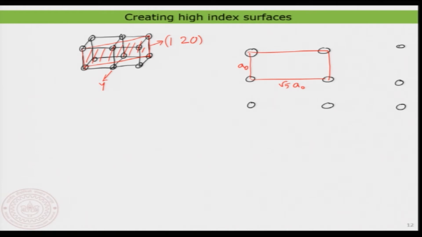So, this is quite an interesting surface. As you would expect, in this case the packing density of the surface is much lower than any of the surfaces that we have seen in the previous class.